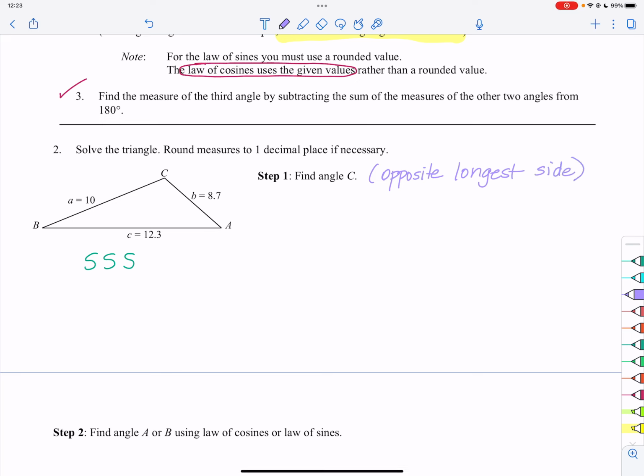Okay, so let's go ahead and do that. So we're looking for angle C. So we're going to have cosine of C equals, now we're going to use the other two sides.